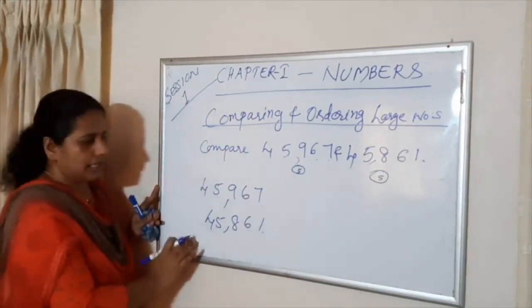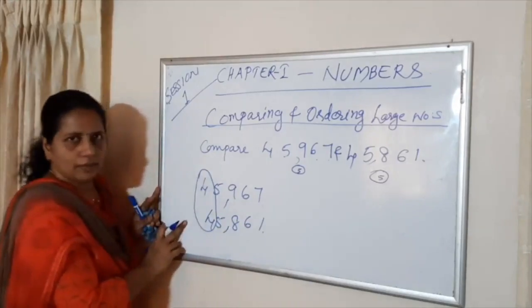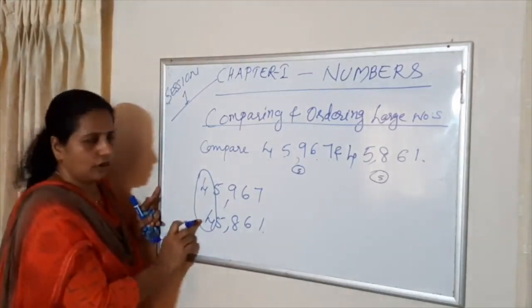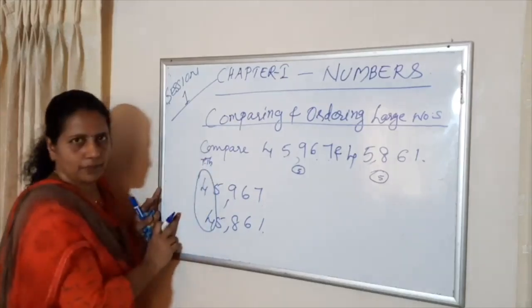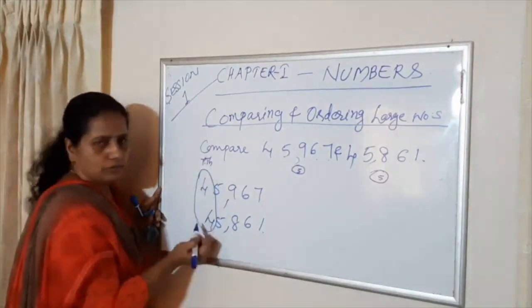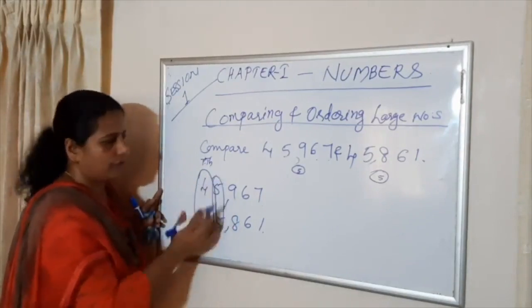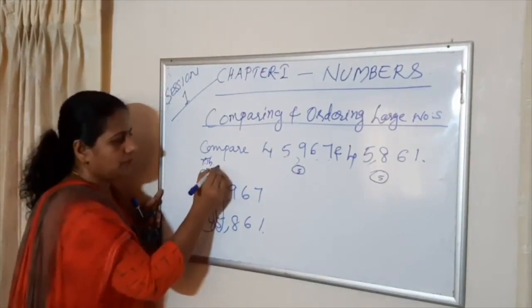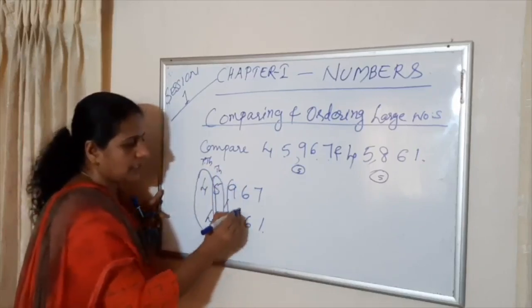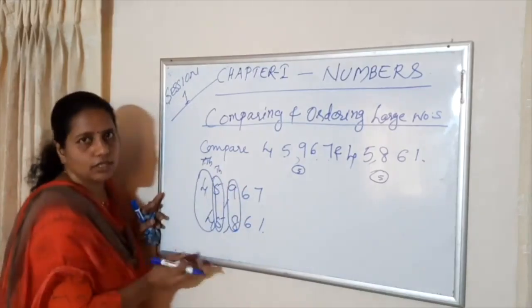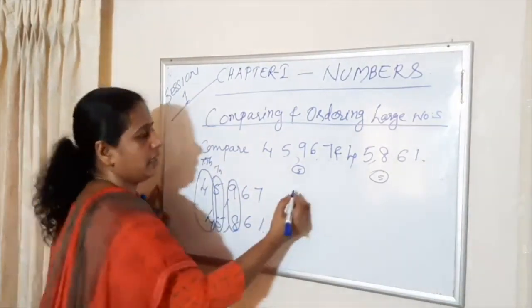Next take the last place value, that is 4 and 4. Both are in the ten thousands place. Both are same, we can't compare. Again 5 and 5, both are same. They are in the thousands place, can't compare. Next one is 9 and 8. Which one is greater? It's very clear, 9 is greater than 8.